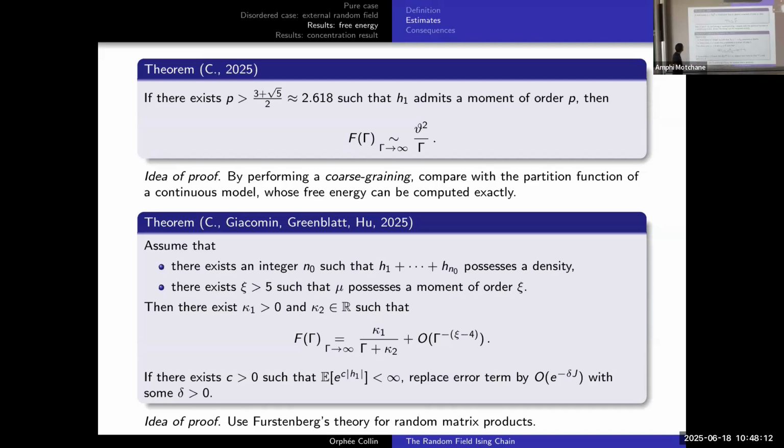And in the second theorem, we make more hypotheses, but we obtain a better, more precise development. So the first hypothesis is about some regularity of the distribution.